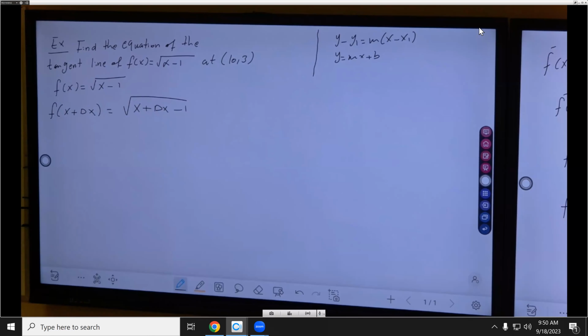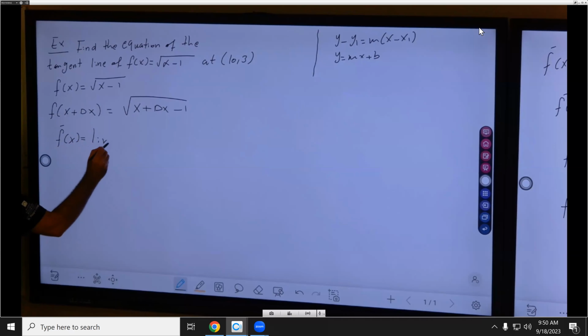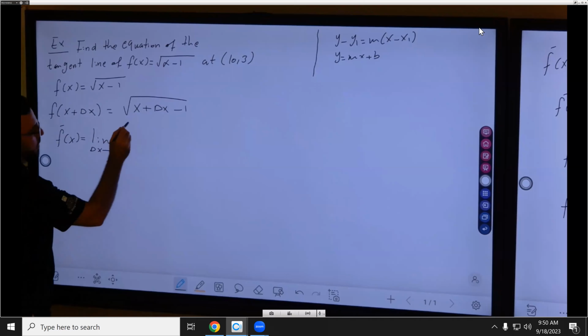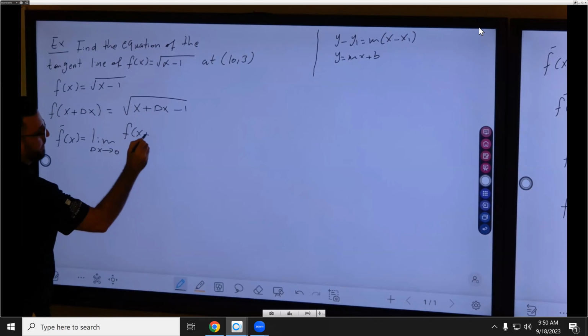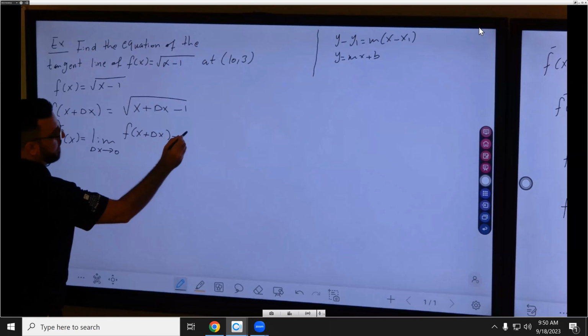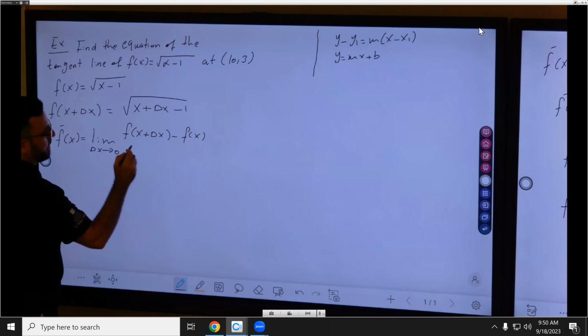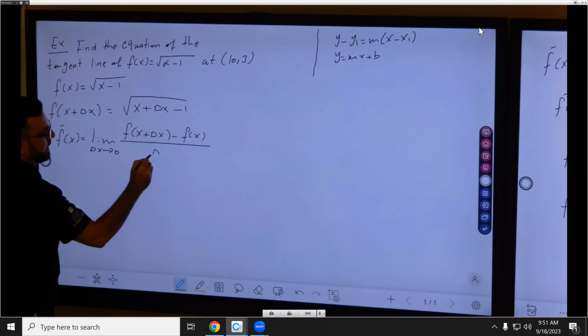Is that hard? Now we're going to plug in the slope, which is the derivative, equal the limit when delta x approaches 0 of f of x plus delta x minus f of x, and everything divided by delta x. This is the rule.